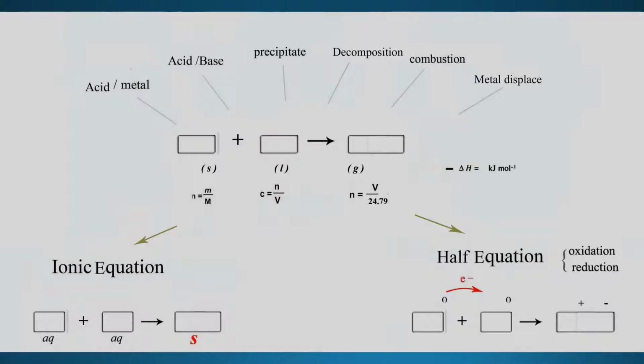And then we look at the half equation to analyze the charge. Do they give electrons, oxidize, or gain electrons, reduce? And this is the whole structure of chemistry. No matter what stage, year 11 or year 12 or one day you're in uni, that's all about the equation. That's all the equations you learned.